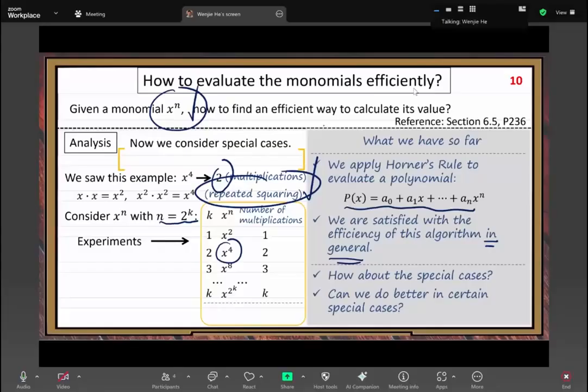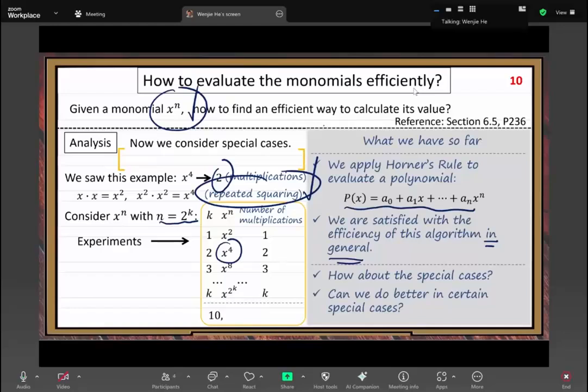Let me use another example to show you the big difference. Let's look at k equals 10. If we use two methods, one is we run a for loop to calculate the monomial, second, repeated squaring.